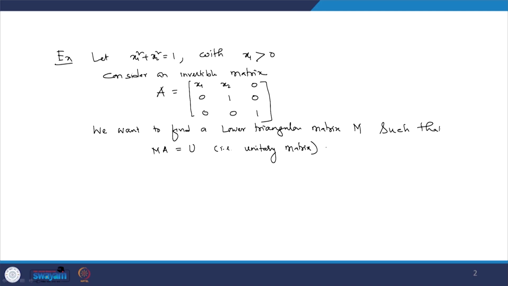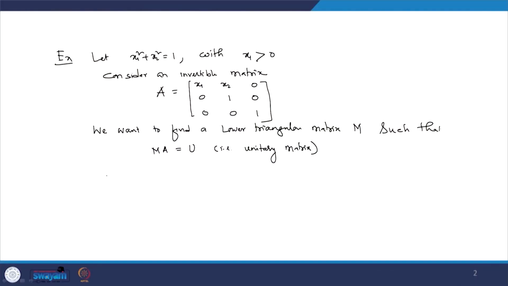How to find the lower triangular matrix? So, I have to follow the proof of how the matrix M has been constructed. So, let me go to the Gram-Schmidt orthogonalization procedure.